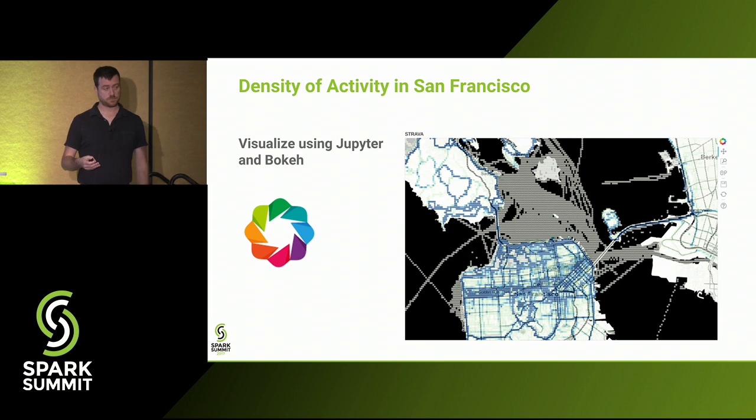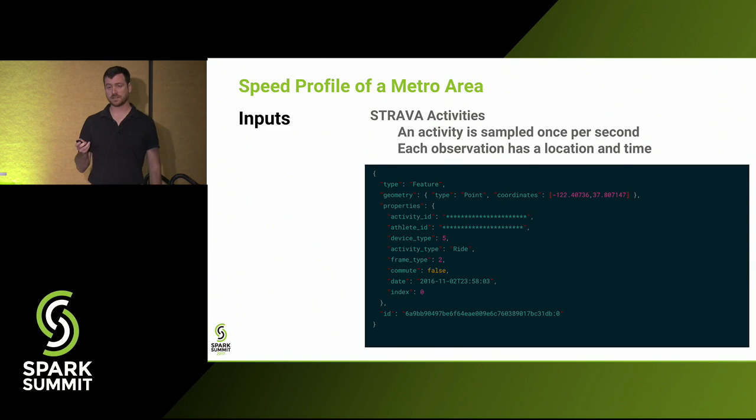In addition to that, we can do much more complex grid-based analyses. And that's the next use case. The next use case that I'm going to walk through is a speed profile of a metropolitan area. You may want to do a speed profile in order to understand where there are bottlenecks, and you may be able to put in a dedicated bike route to reduce bottlenecks or to encourage bike commute in your metropolitan area.